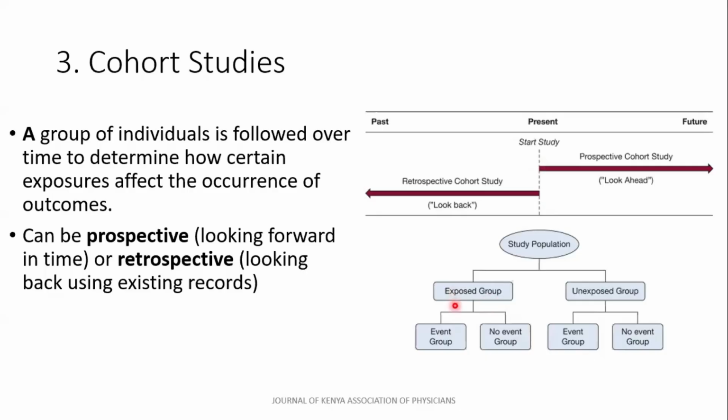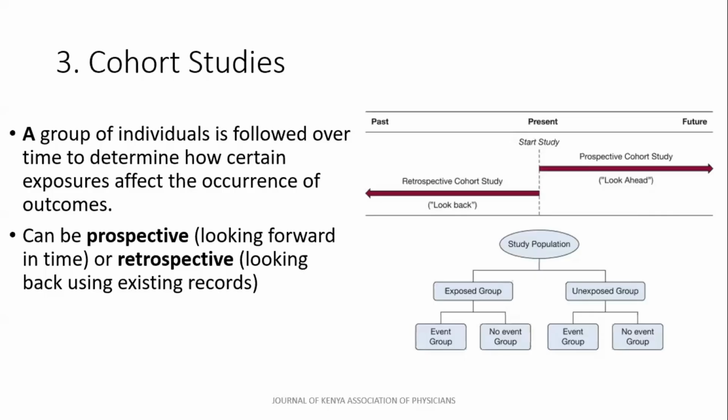So the exposed group or the unexposed group, and then we follow them into the future to see who develops the outcome. Yeah, and then there's also retrospective cohorts, although these are usually a bit controversial, where we look back into existing records, tracing from exposure to outcome based on historical data.